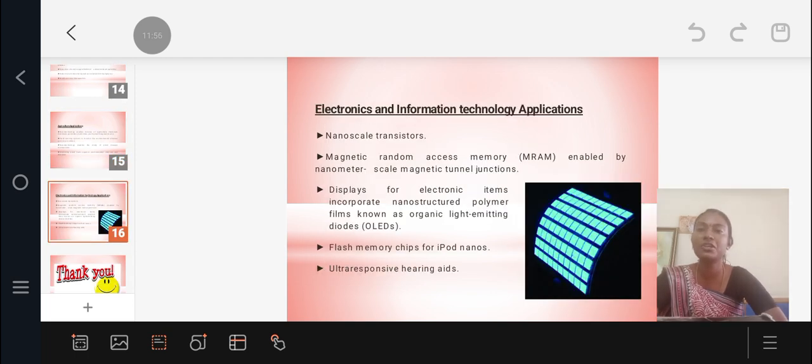Electronic and information technology applications: nanoscale transistors, magnetic random access memory enabled by nanometer-scale magnetic tunneling junctions. Displays for electronic items incorporate nanostructured polymer films known as organic light emitting diodes. Flash memory chips for iPod nanos. Ultra-sensitive, ultra-responsive hearing aids.